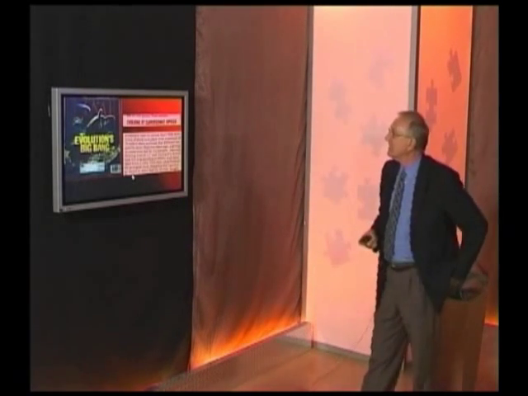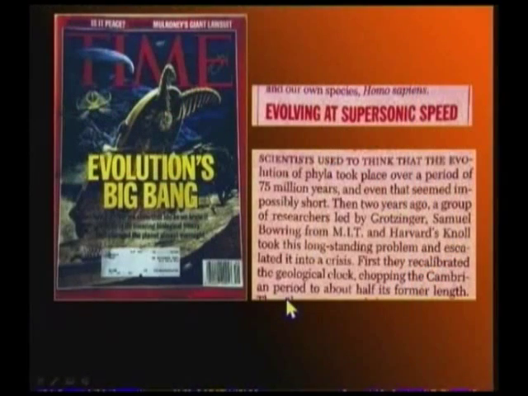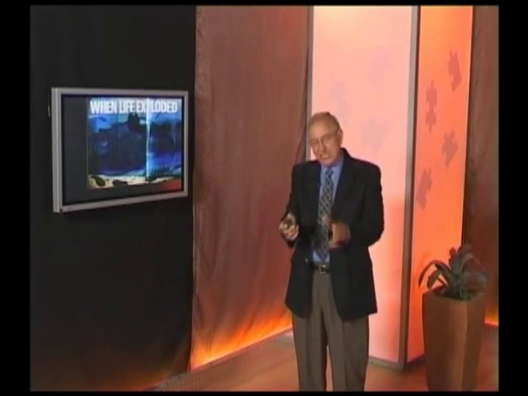For example, here Time magazine had an issue in which they referred to evolution's Big Bang, evolving at supersonic speed. And these were the professors that largely came from the neo-Darwinistic schools at Harvard and other top universities in the world. And they discussed this interesting issue of when life exploded.